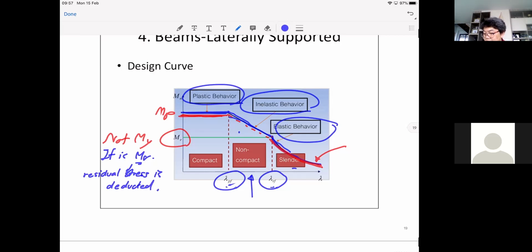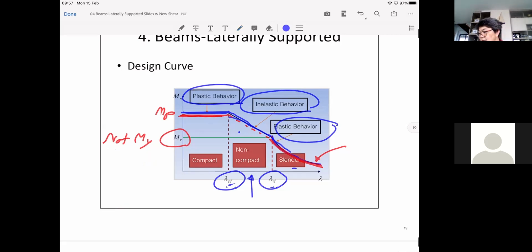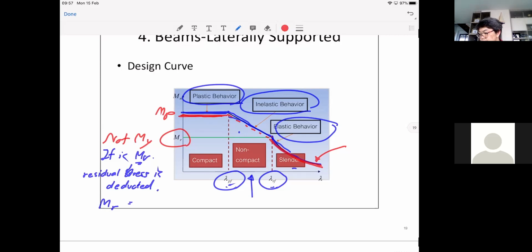So MR is not Fy multiplied by Sx, just like My. Remember, My is your first yield, which is Fy multiplied by section modulus, right?